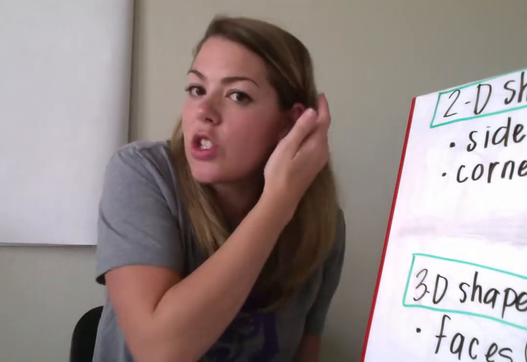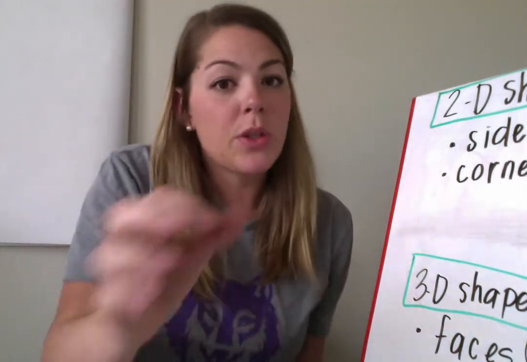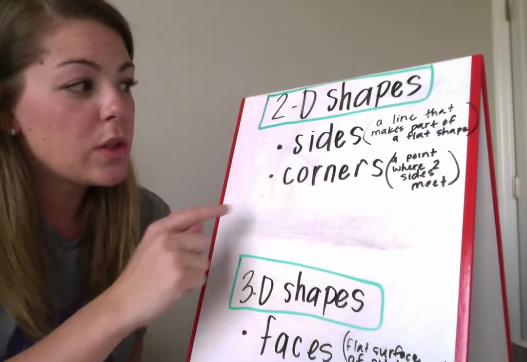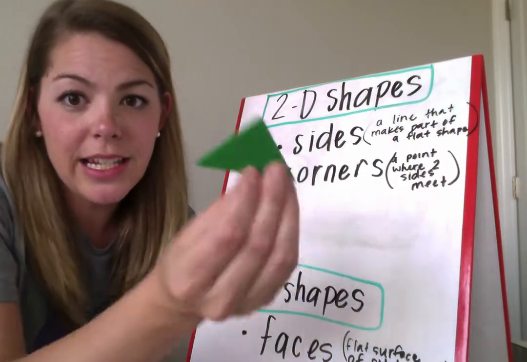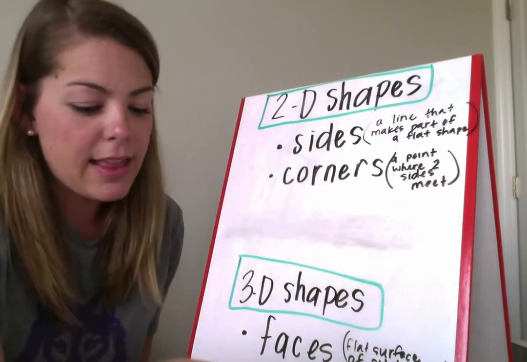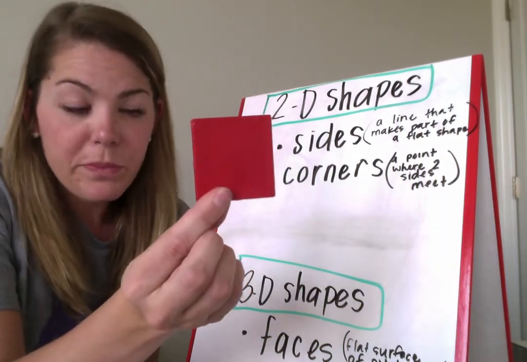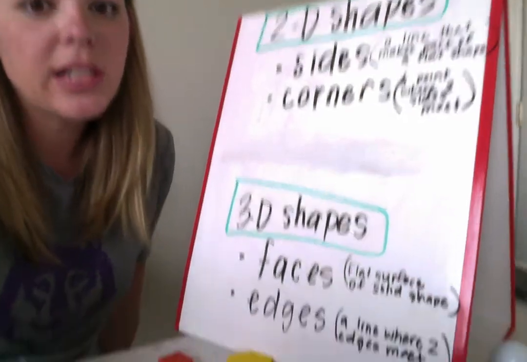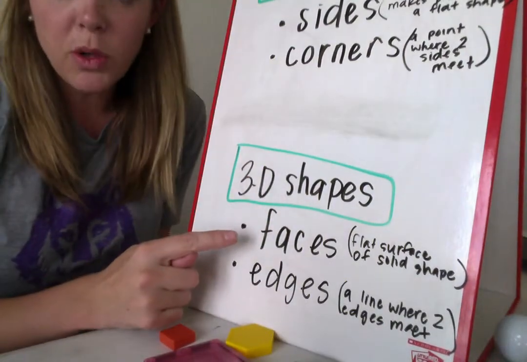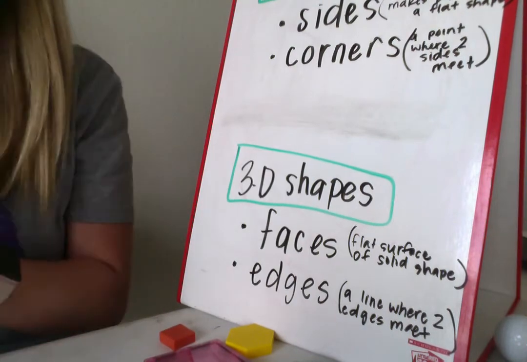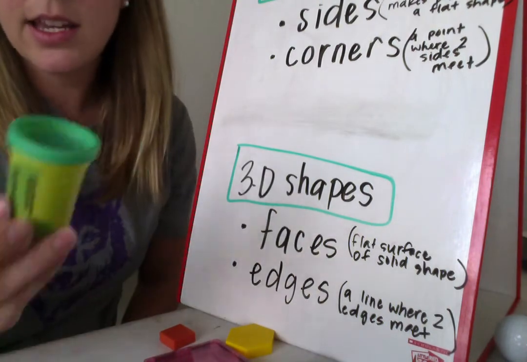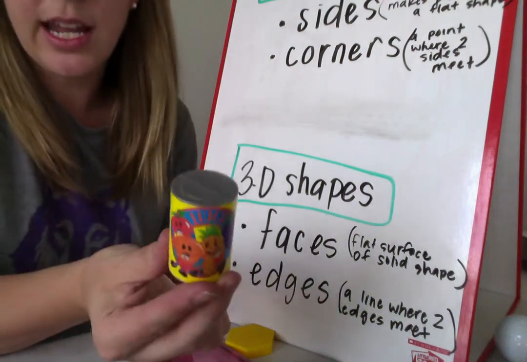So those are some of the shapes we're learning about this week. So remembering that when you're describing a 2D shape, you're going to say sides and corners. 2-dimensional means that it's flat, like this, or like the square. And then once you turn it into a 3-dimensional shape, you're going to use more of these words, faces and edges. And your 3-dimensional shapes are going to look something a little bit more like this, okay, or like the cylinder that I had here.